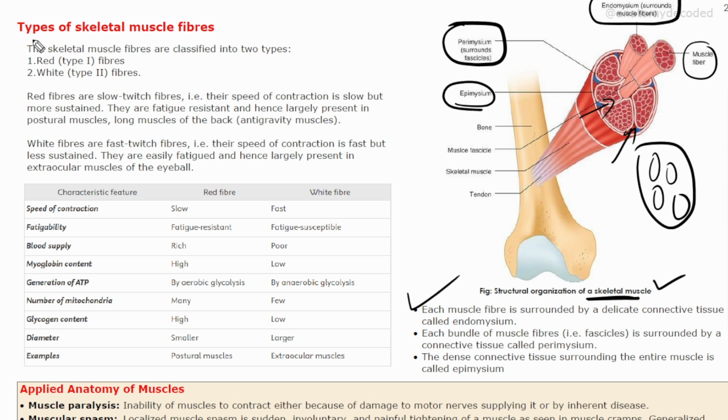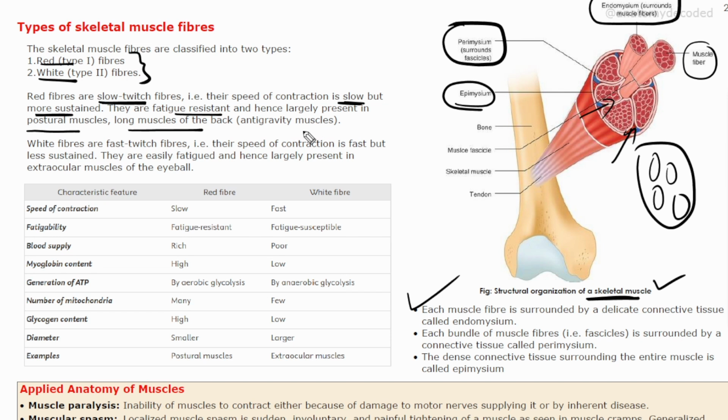There are different types of skeletal muscle fibers called red fibers and white fibers. Red fibers are referred to as slow twitch fibers. The speed of contraction is slow, but they are more sustained. They are fatigue resistant, and they are present in postural muscles, the long muscles of the back, like the erector spinae.